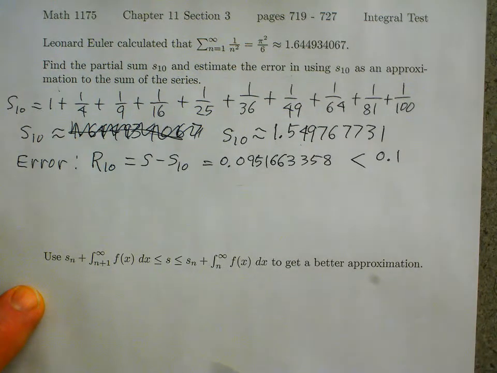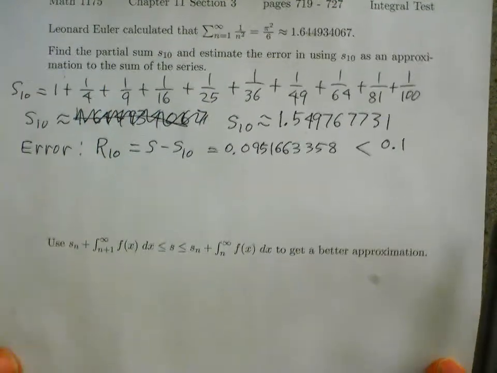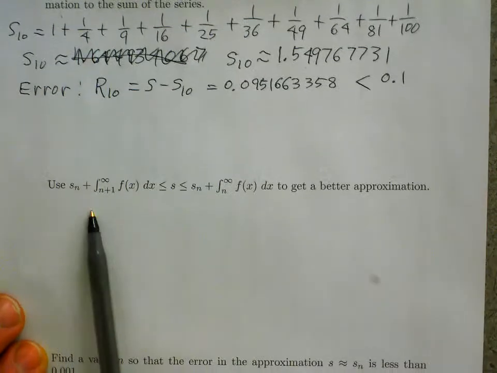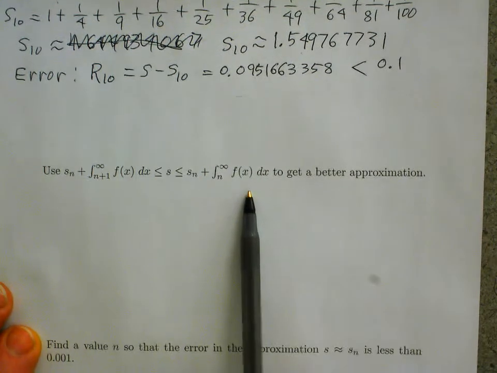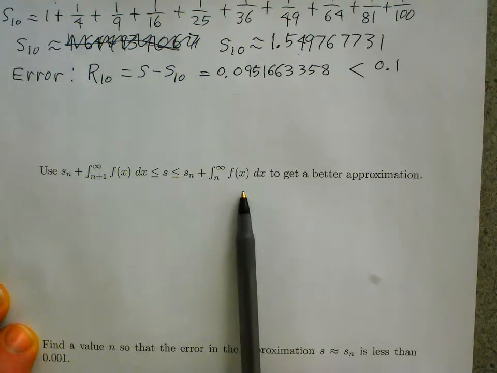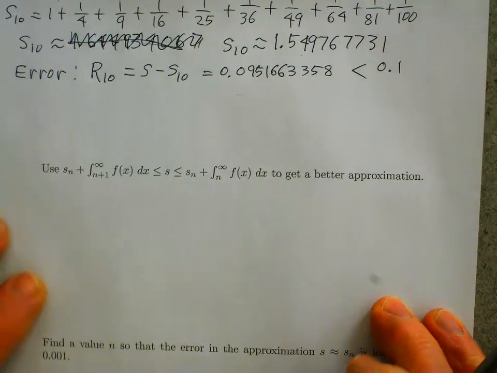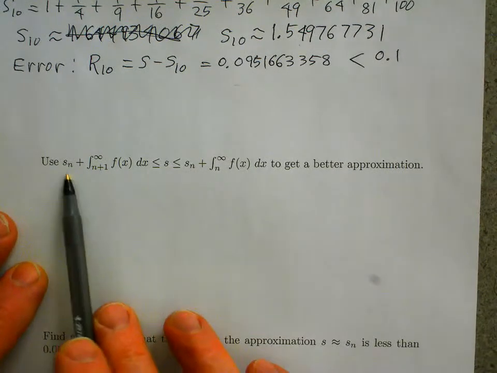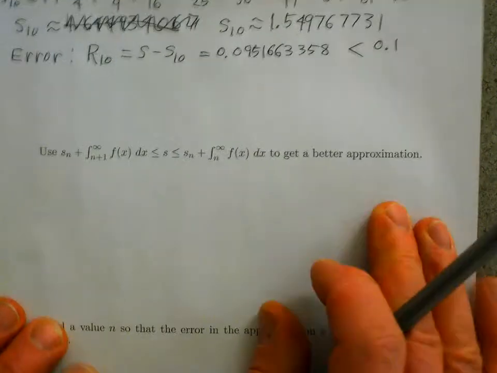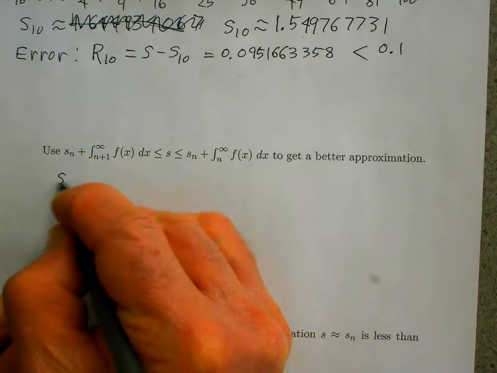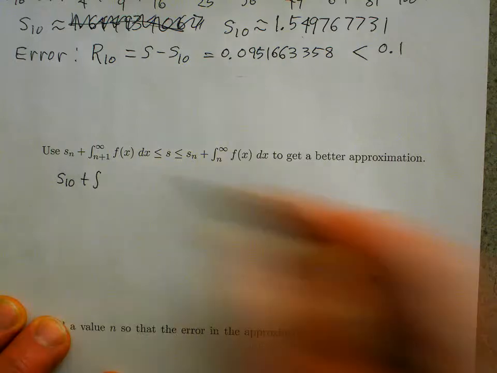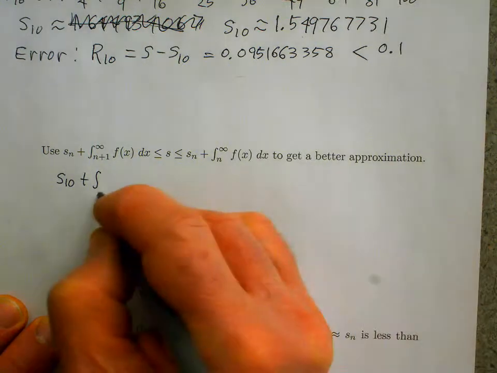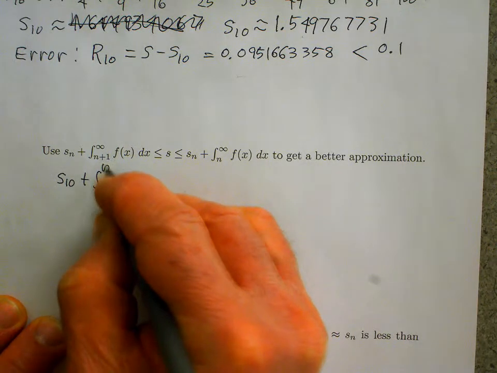Okay, in the next part, we'll use this inequality that we saw on the previous page to get a better approximation. So when n is 10, we have S sub 10 plus the improper integral from 11 to infinity.